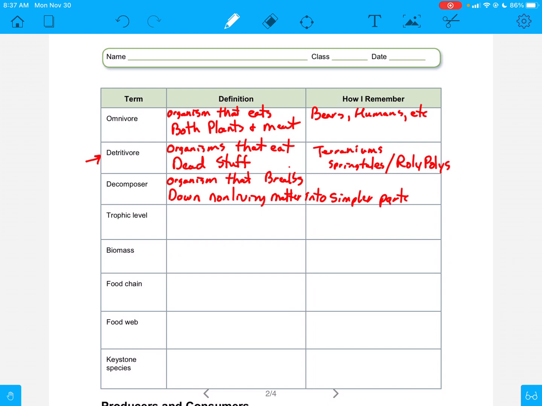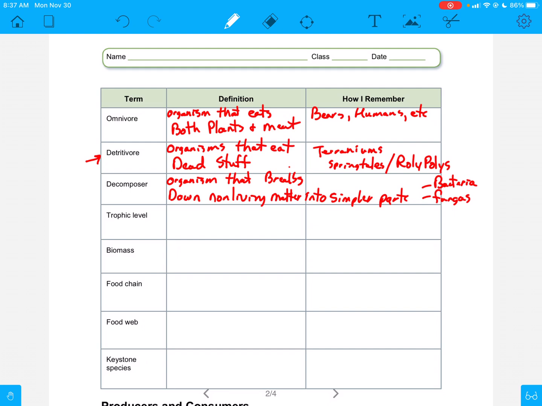Some examples would be bacteria. Okay, so if I could put that over here, some bacteria, very good at this. Fungus are very good at this as well. So these would be the things that are going to break stuff back down into its principal components, into its individual chemical compounds, okay? So that's a decomposer.